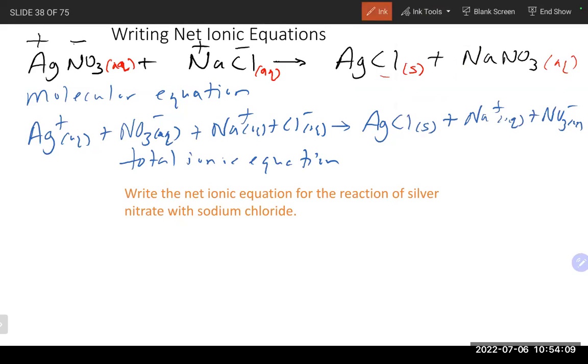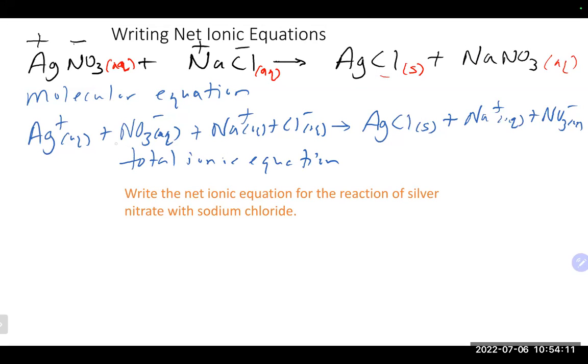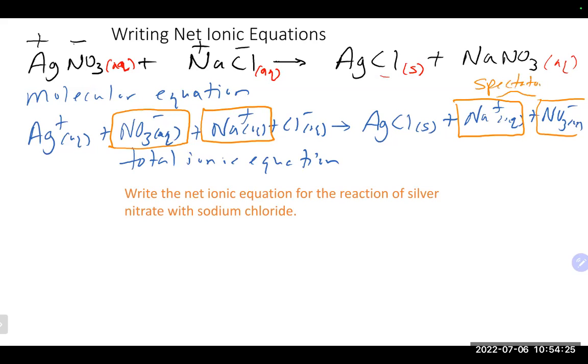In this case, my spectator ions are my nitrate on both sides, which looks exactly the same, and my sodium on both sides, which looks exactly the same. These would be our spectator ions.